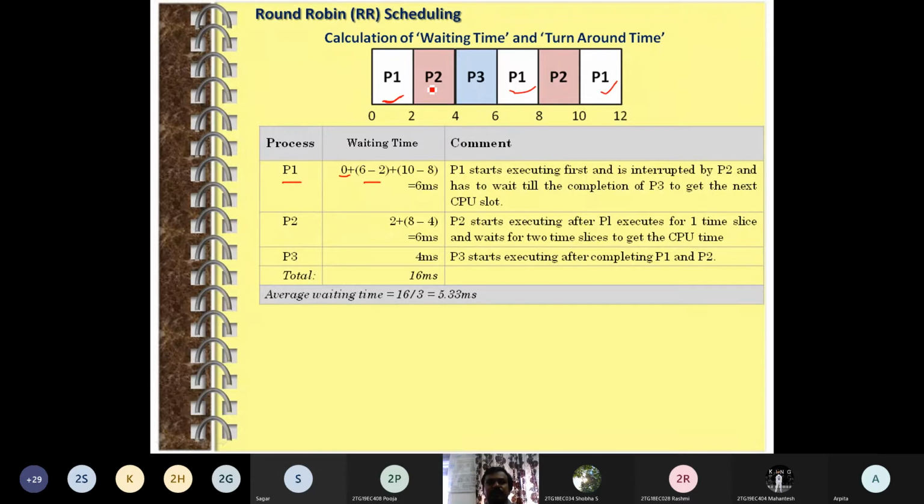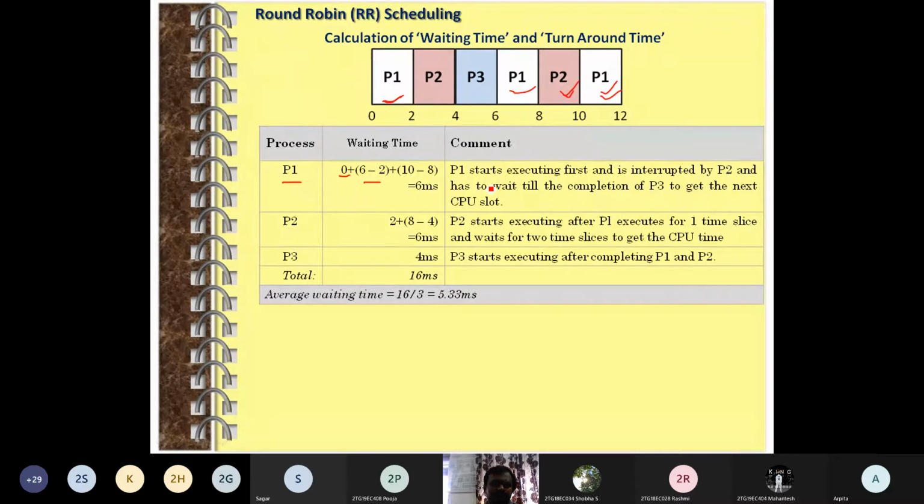It waited for completion of P2 and P3. In the third iteration, it waited for completion of P2. So first time, no waiting time. Second iteration, it waits for P2 and P3 to be completed. Third time, P1 waits for completion of P2.